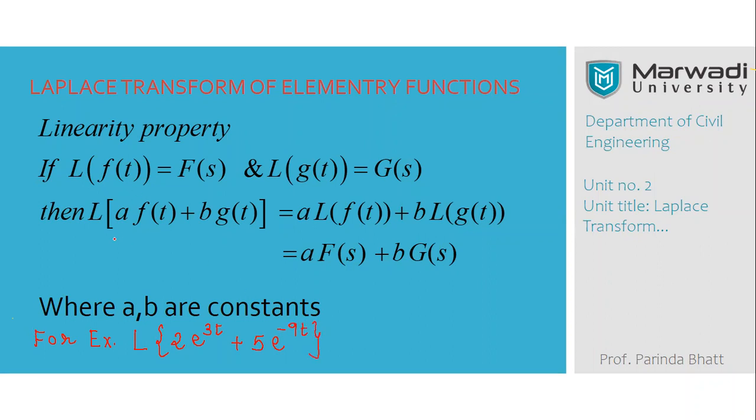That looks like Laplace of a f(t) plus b g(t), where this is a function of t, this b is a constant, and g(t). Now, who will give the answer? How can we write it on the right hand side? Raise your hand first. Quickly, it's very easy.